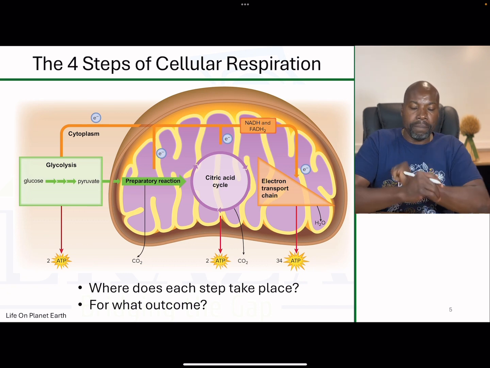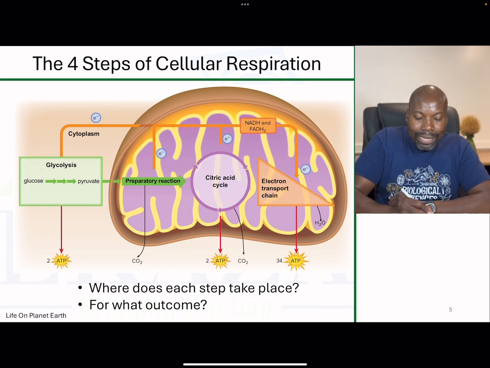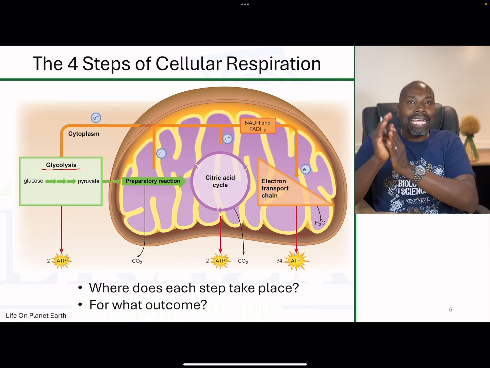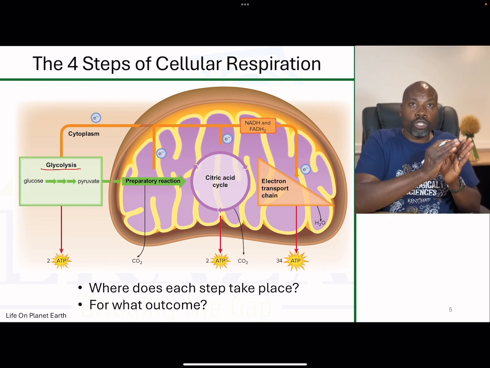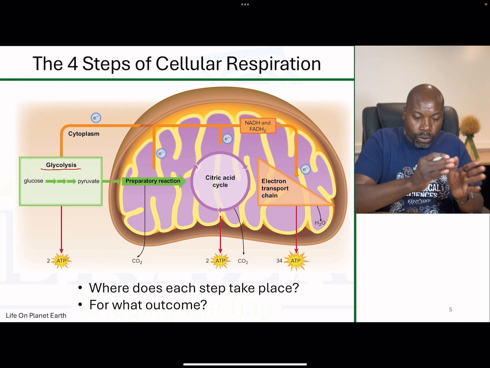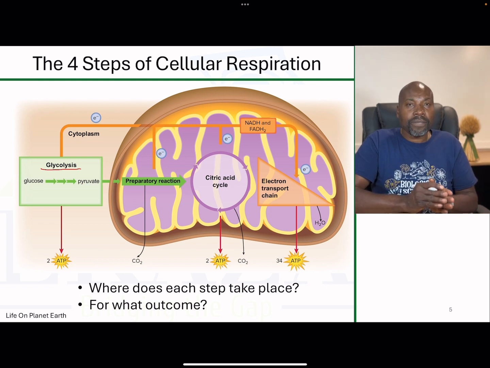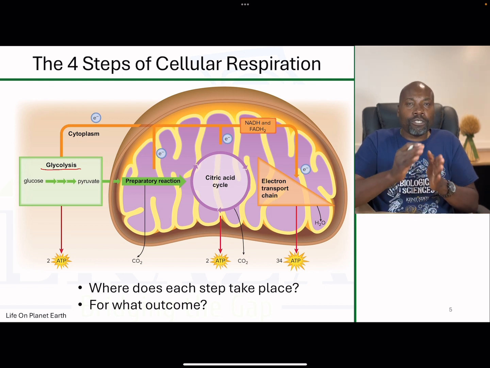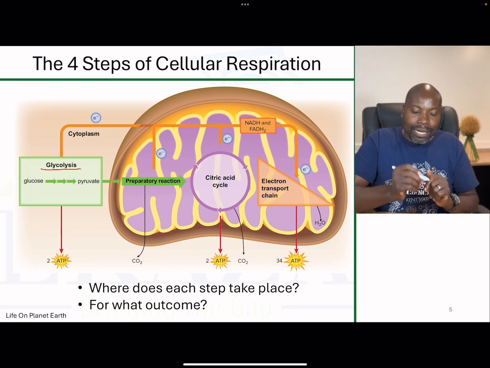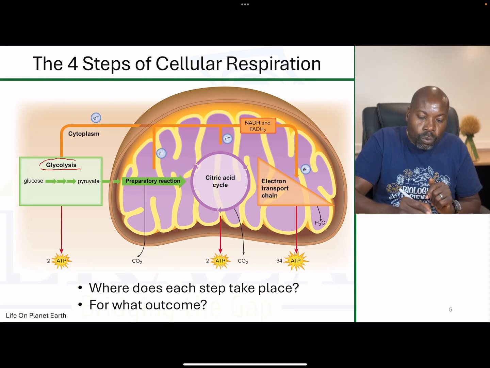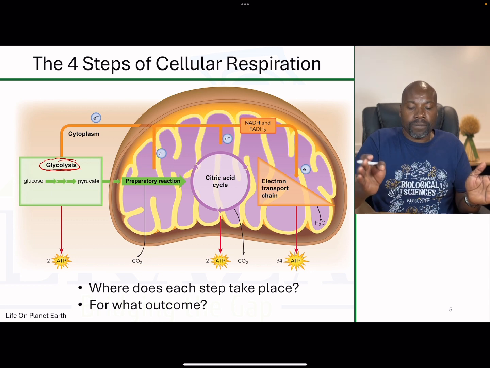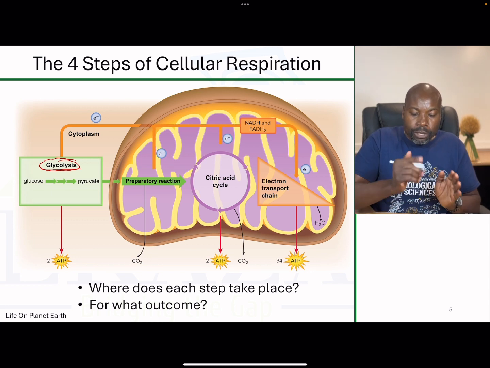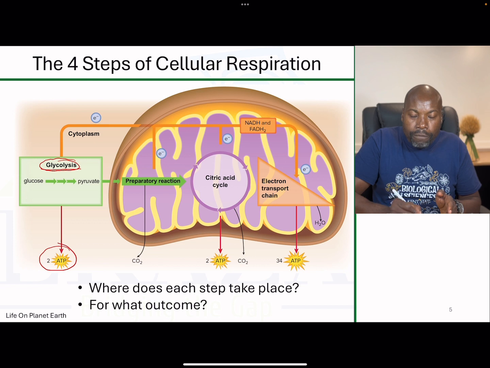The first step, it's called glycolysis. Glycolysis. Glyco means sugar or glucose in this very instance. Lysis is to break. So glycolysis is the step in which the sugar is broken. In the process, you have production of ATP.